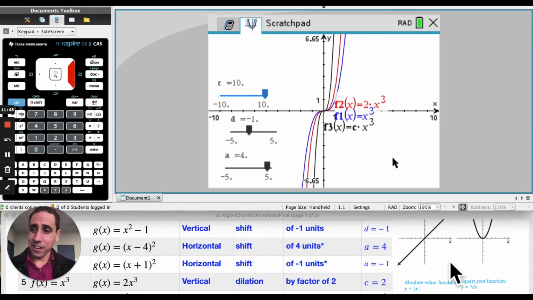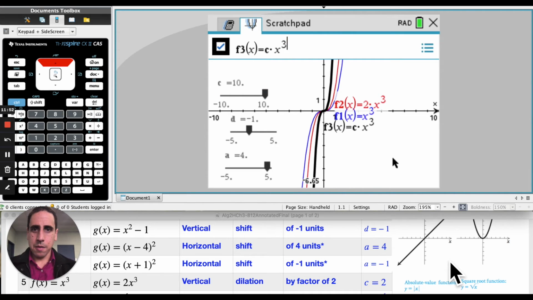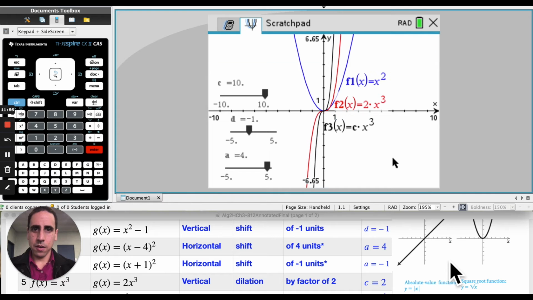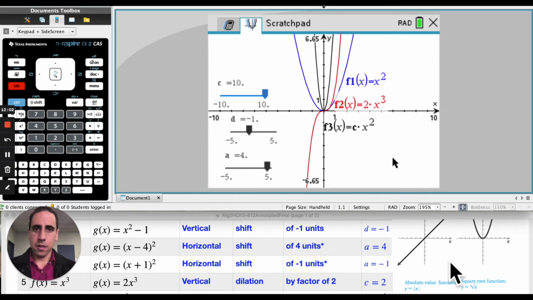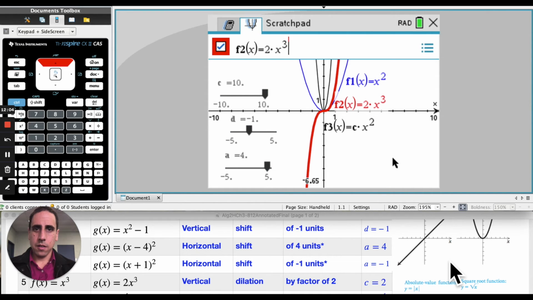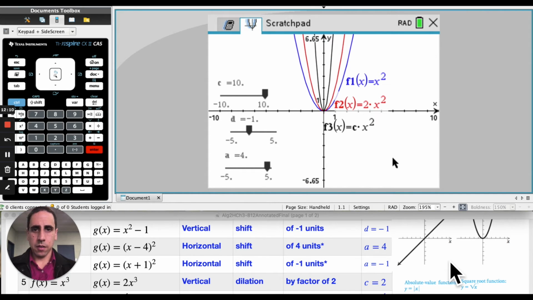Line number 6 says x squared, so let's change them all again. Back to x squared, boom, tab, x squared. Okay, so we're using x squared again as the parent function.